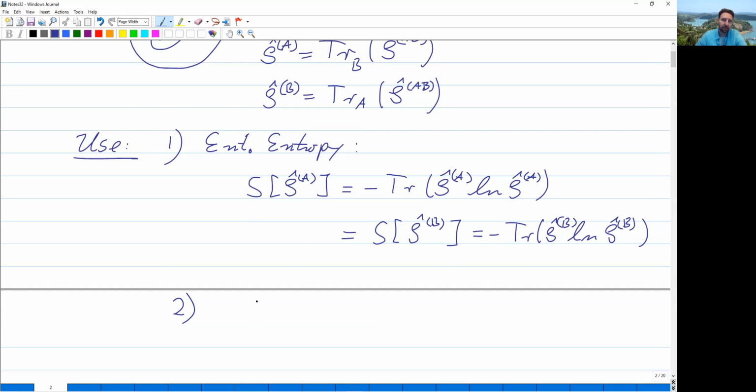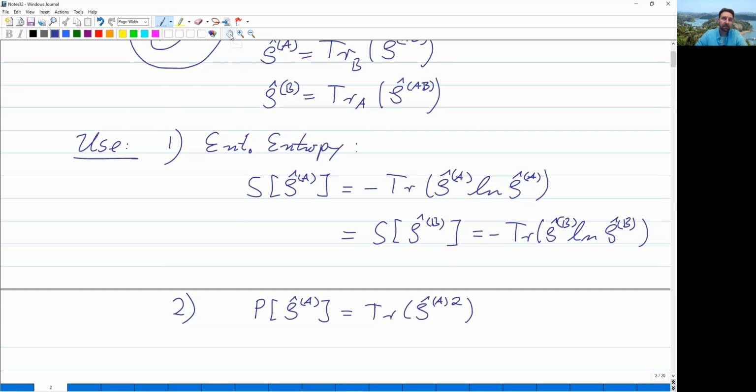So we said, okay, there's another measure that we can also use, and that's the purity of a state. The purity is defined to be the trace of the square of the density matrix.